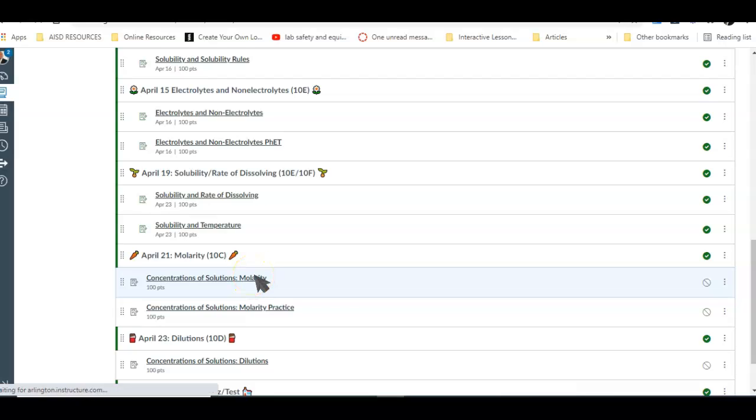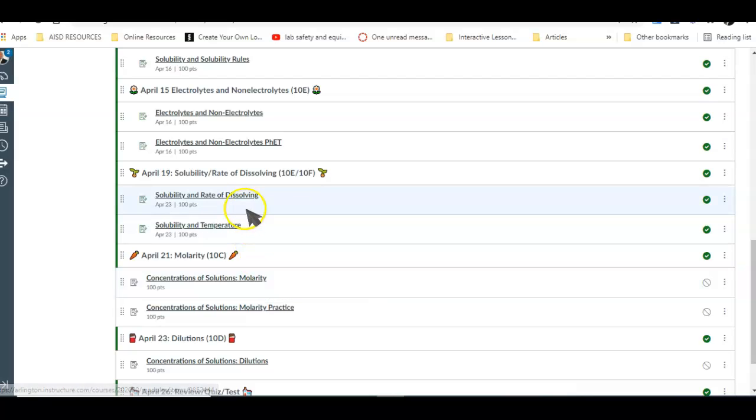Hi, good morning. Today's lesson is on solubility and the rate of dissolving. By solubility, we mean the amount of a substance that will dissolve in a given amount of solvent to form a solution.